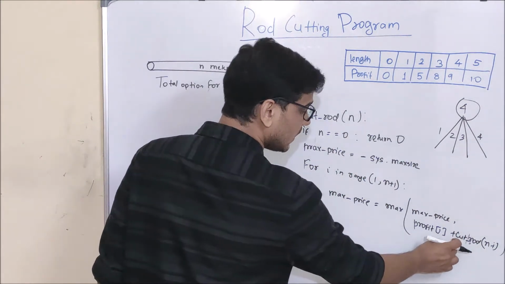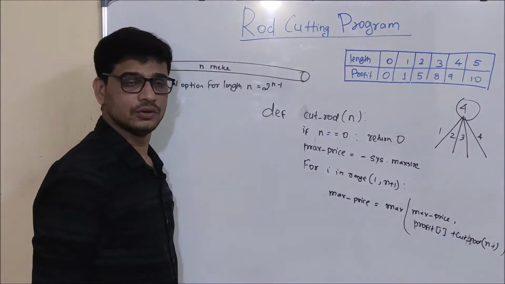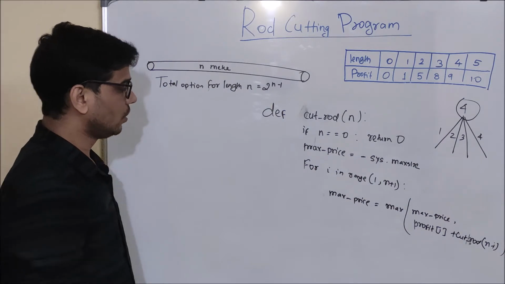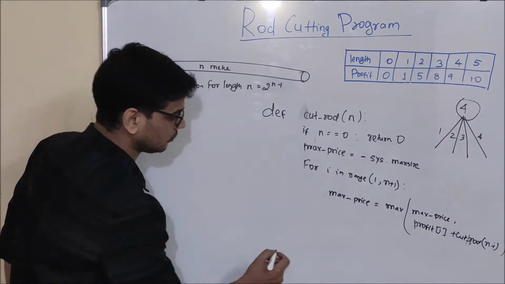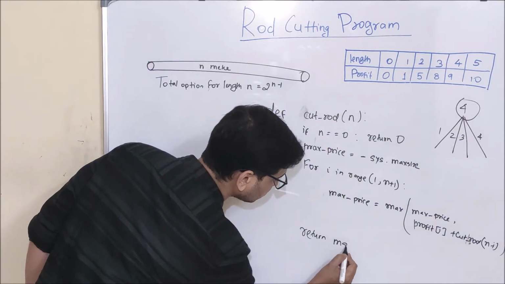If this value is greater than my current max price value, then I will update it. Once this for loop finishes executing, I will return max price.